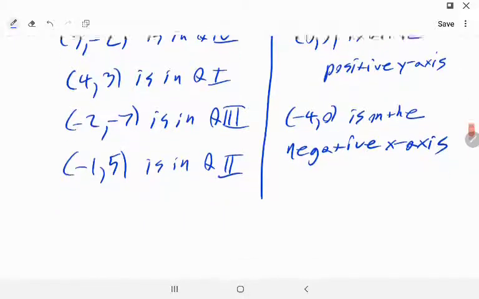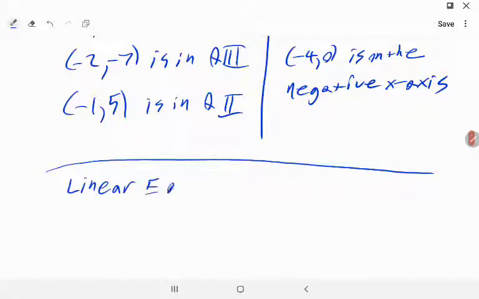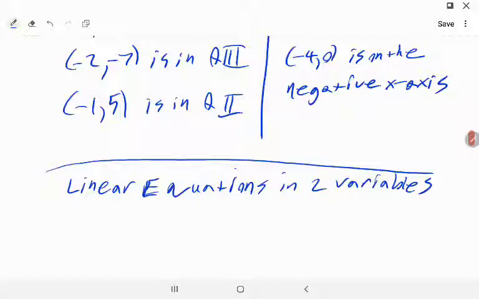So then we want to think about linear equations in two variables. We have a couple of ways to think about these.